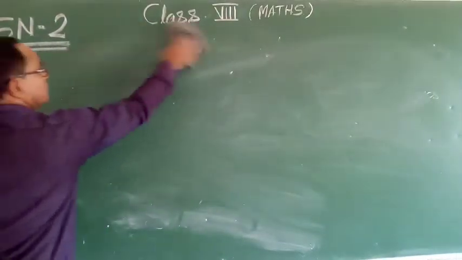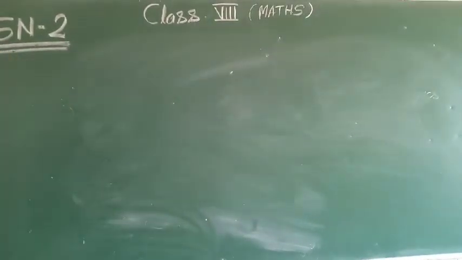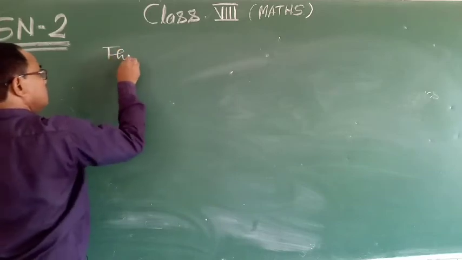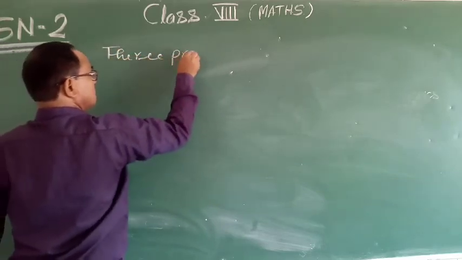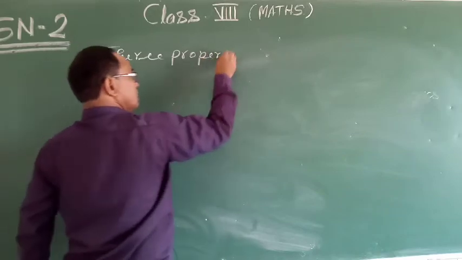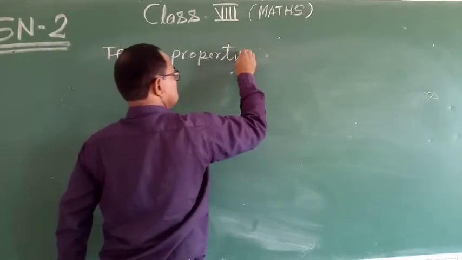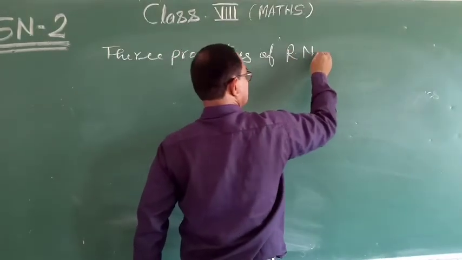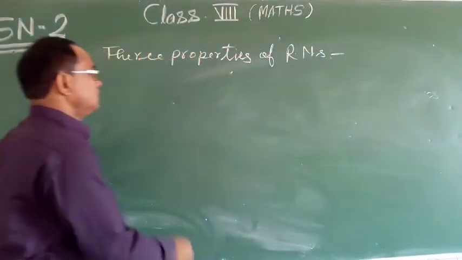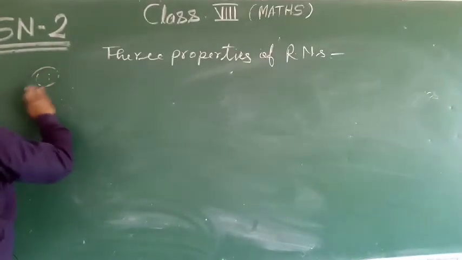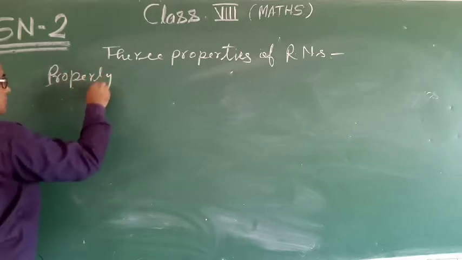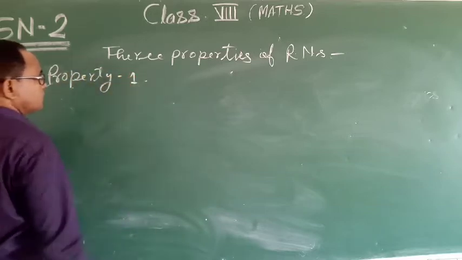Properties of rational numbers. Three properties of rational numbers. As property 1. Property 1.